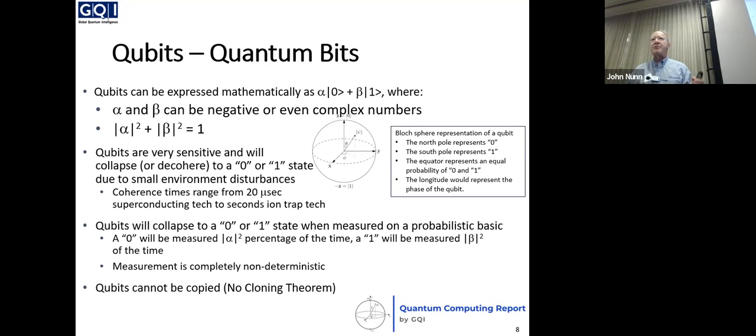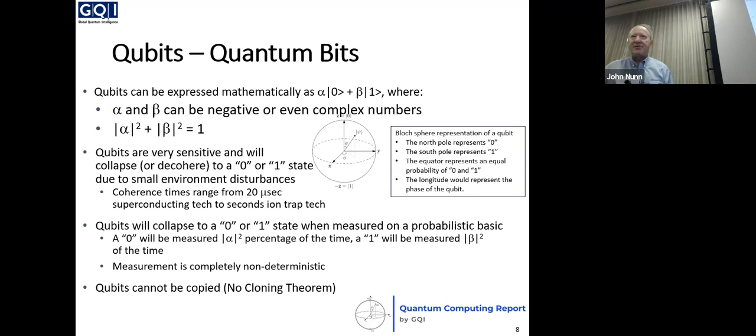By providing the researcher with these new tools, essentially superposition, entanglement, and interference, people are able to construct algorithms that can calculate some things, not everything, but some things, faster than you could possibly do with a classical computer.